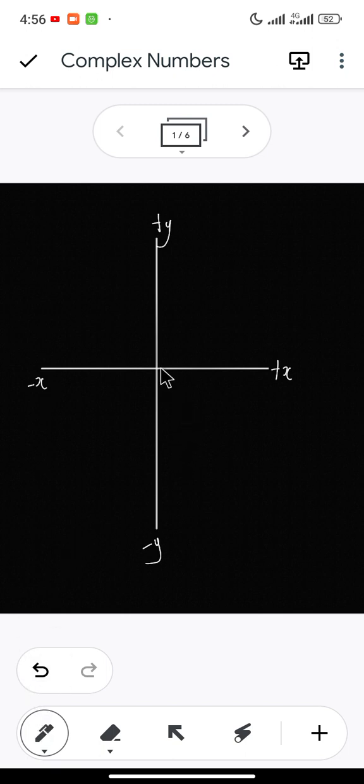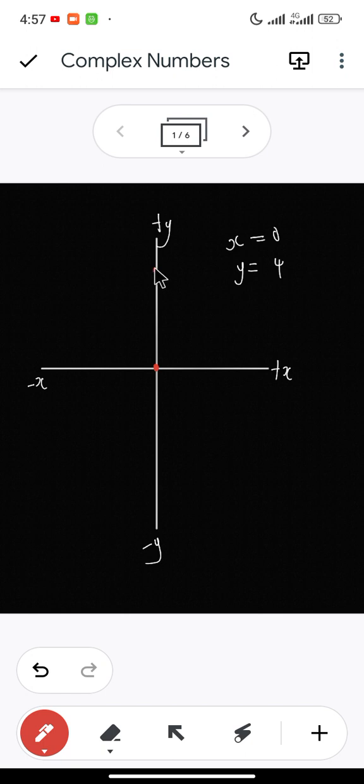Now, we said that our x is equal to 0 and our y is equal to 4. So we're going to try to plot this. Now your x is equal to 0. It's going to be at the origin. Your y is equal to 4. It is obviously not going to be at the base. It's going to be at the top.